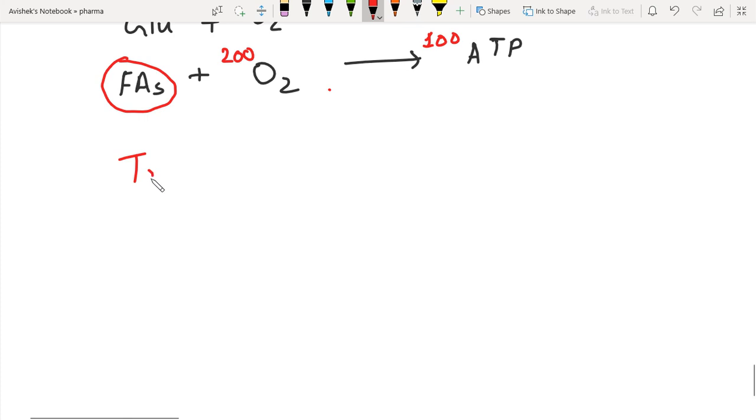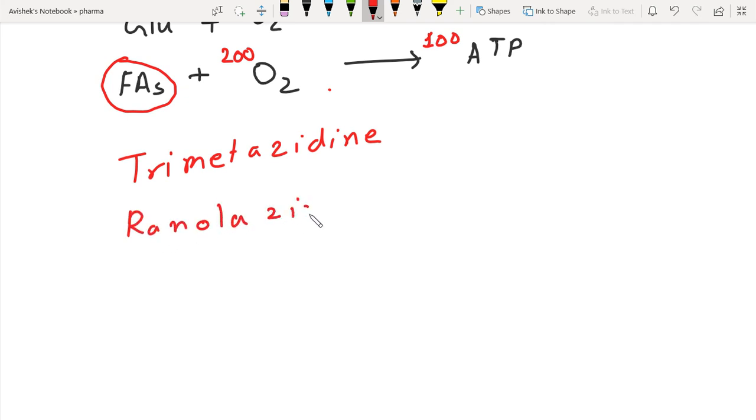What are the drugs? Trimetazidine, ranolazine, so that oxygen requirement decreases for the myocardium.